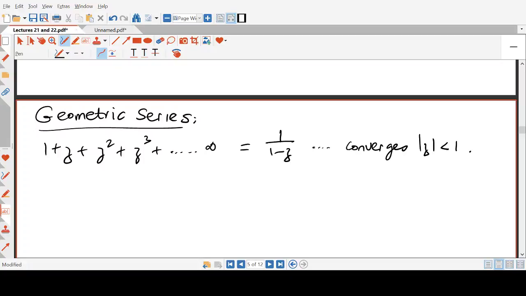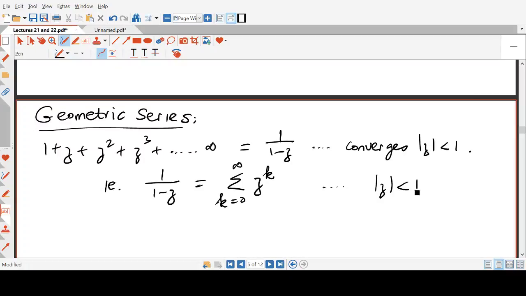In other words, I can write 1 over 1 minus z as the sum of z to the k, k equals 0 to infinity, provided that mod z is less than 1.